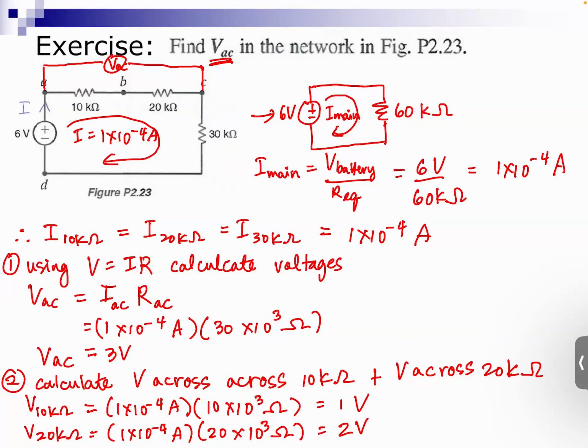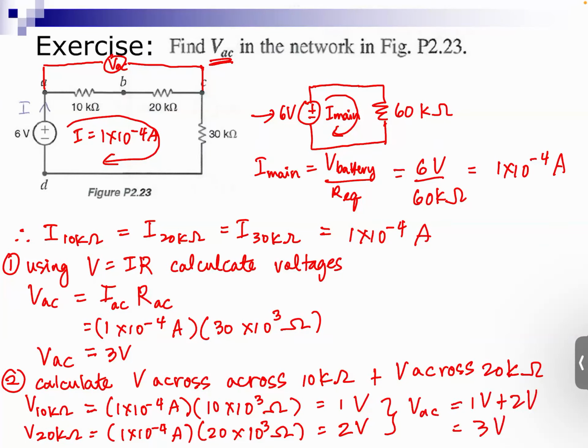These two resistors are in series, and they are the two resistors between points A and C. Therefore, the voltage across points A and C is 1 volt plus 2 volts, which is the same 3 volts that you obtained by using the first method.